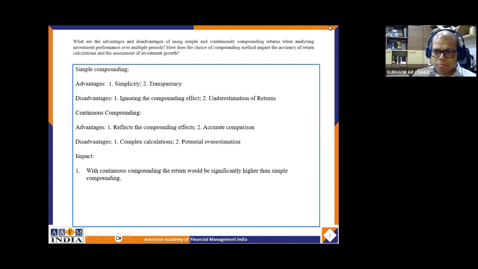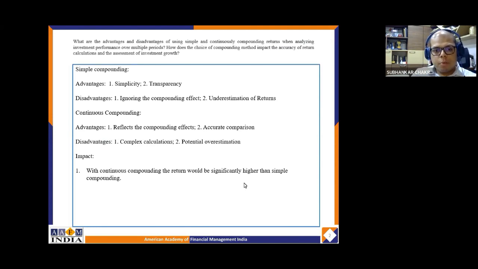Now, how does it impact the choice of compounding method? How does it impact the accuracy of the return? The first thing is, if you're going for continuous compounding, then definitely your return will be significantly higher compared to simple compounding. That is the first impact.